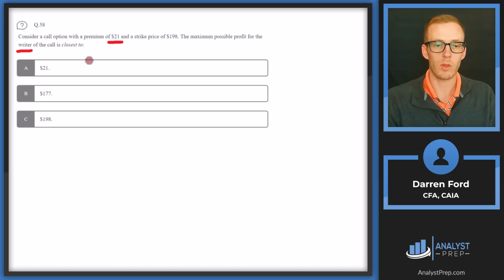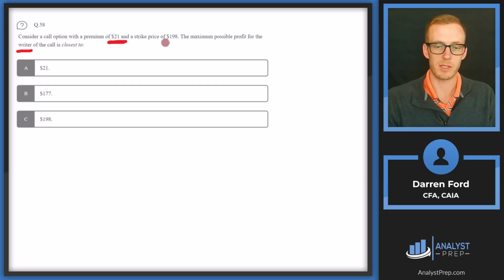So when we're the writer of the call, we're collecting this premium, and we're basically hoping that the stock price drops. Whether the stock ends at $190 or it ends at $10, as long as it's below this, we're going to be collecting $21. We can't make any more money than the premium that we're collecting.